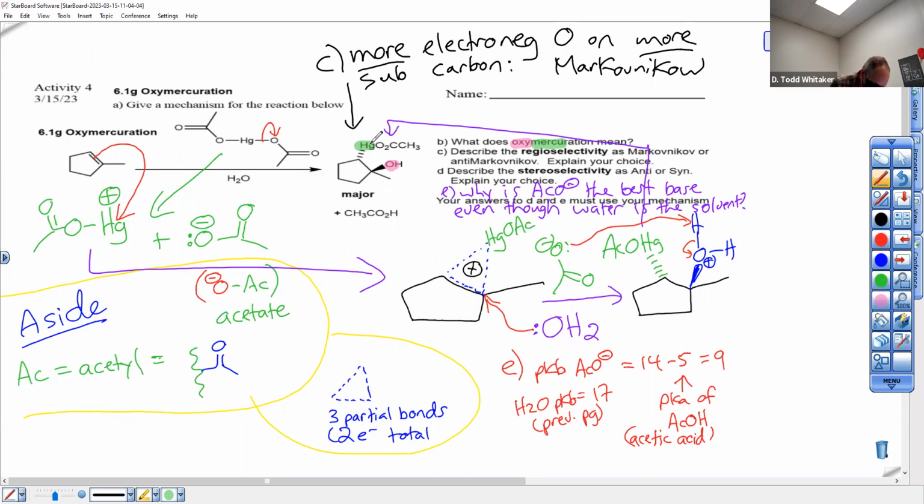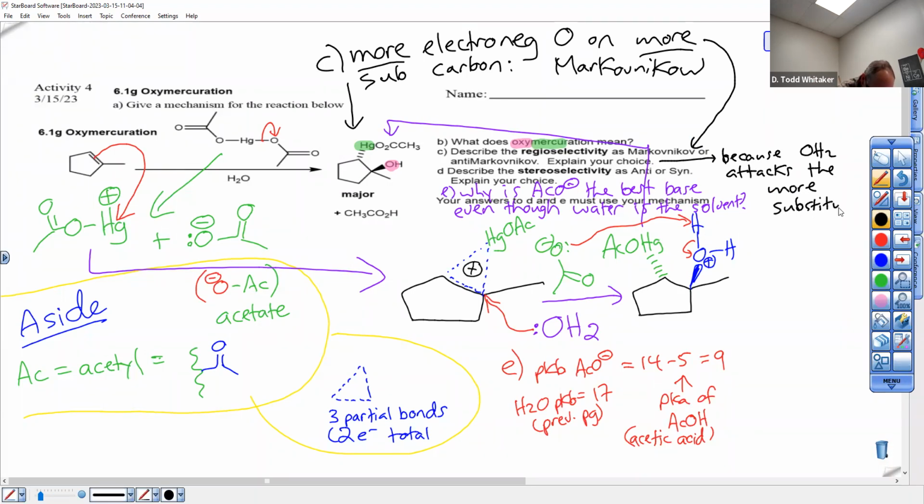Stereoselectivity, anti or syn. Explain my choice. Oh, I didn't explain my choice in the first one. Because OH2 attacks which carbon? The more substituted carbon. Can I just use sub or do I have to write substituted?